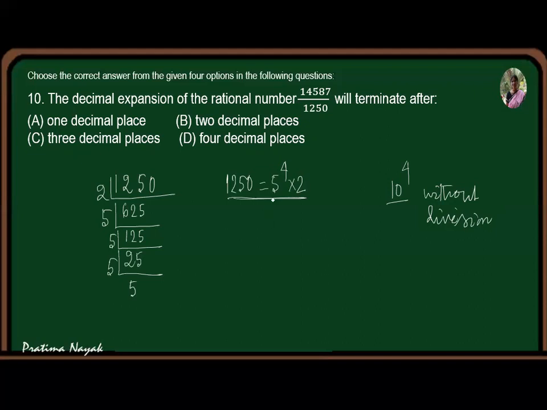Here 5s are more. How many are there? 4. So we have to make 10 to make it decimal. So when there will be 4 tens, it will be decimal after 4 decimal places.